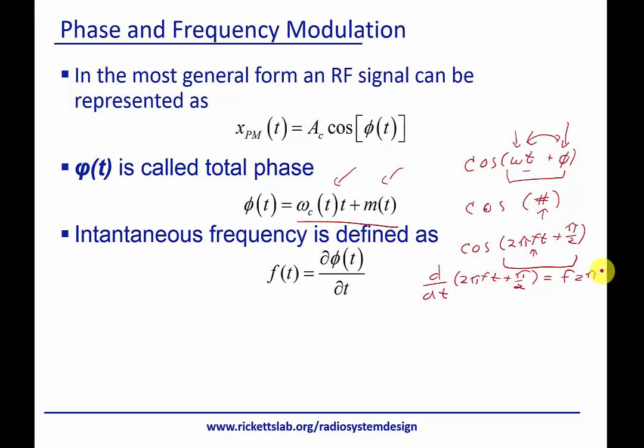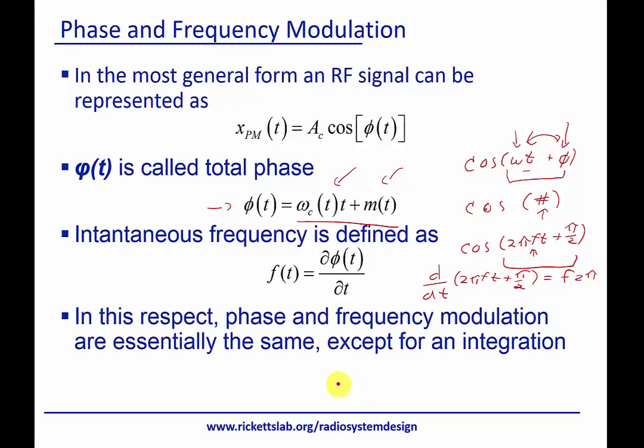It's just easier to talk about this phi of t, and the reason we do is that when we talk about modulation, we're really talking about just modulating phi of t. Whether we do it by changing the frequency or changing a static phase, if you will, is just a matter of semantics, because mathematically we're just looking at changing phi of t.